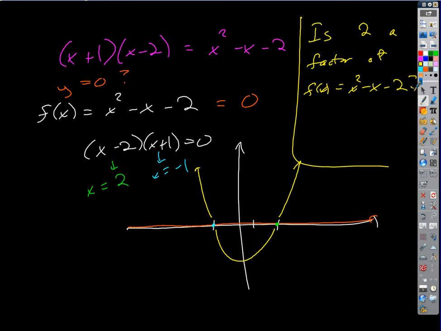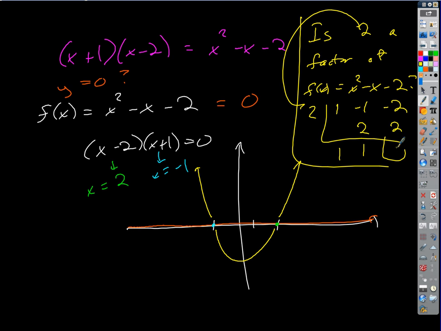We could have checked it pretty easily using synthetic substitution, couldn't we? We could have just run this through 1, -1, -2, with 2 out front. Bring down the 1, and we get 1, 2, 0. So yes, it is.